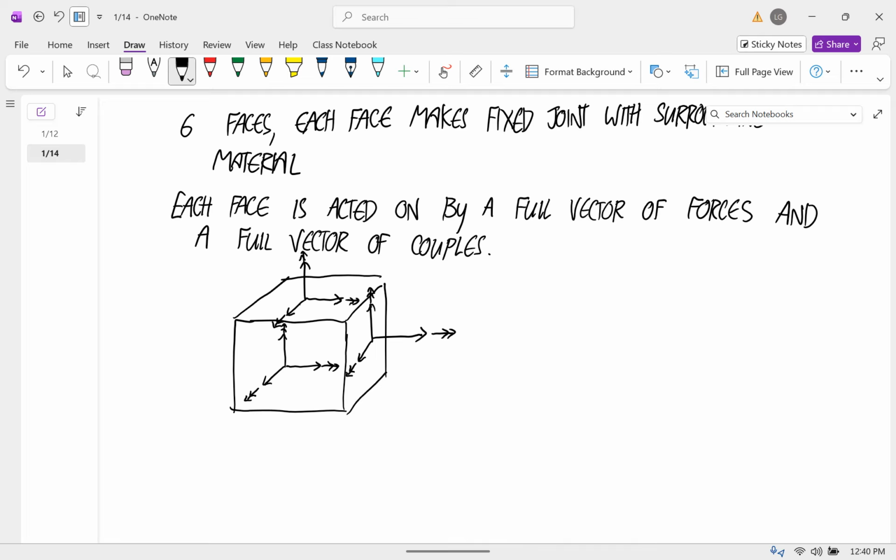Okay, now let's think about this. In our first thought about this, we have 6 faces. Each face has 3 forces and 3 couples on it.